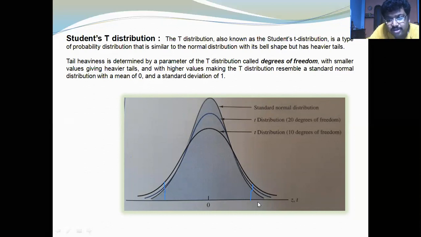Now alpha by 2 means the area or probability in each tail of the distribution. Okay, alpha by 2, because it is alpha, this plus this is alpha.